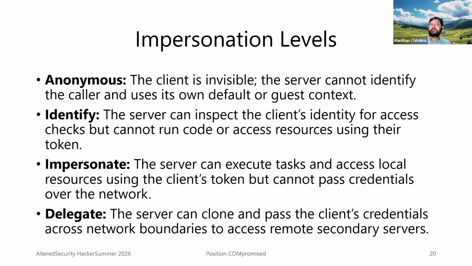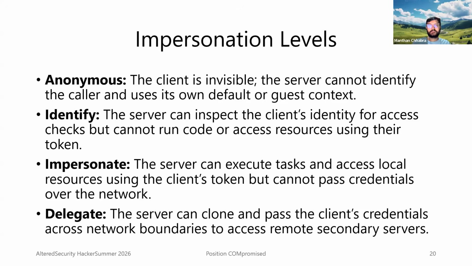So the first one is the anonymous level. This is the most restrictive tier. At this level, the server cannot identify the caller at all. It cannot identify who the client is, and it cannot access its token at all. It's completely invisible to the COM server.